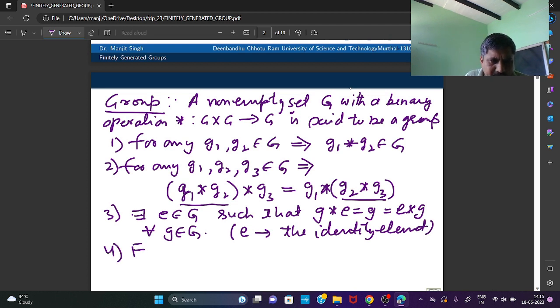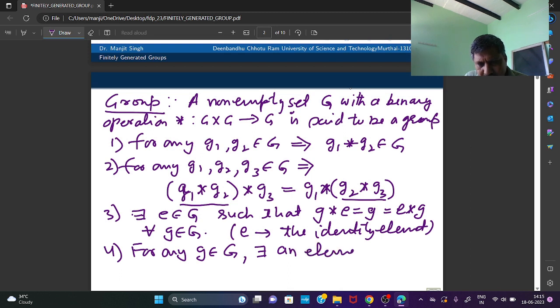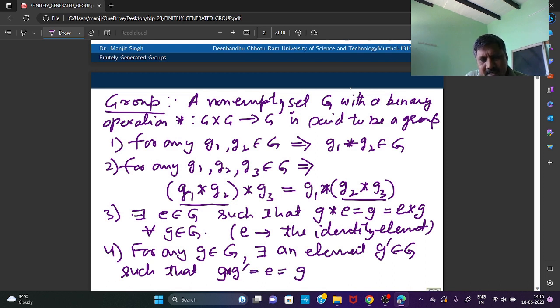Fourth: for any g belonging to G, there exists an element g dash belonging to G such that g operated with g dash is e, and g dash operated with g is e.